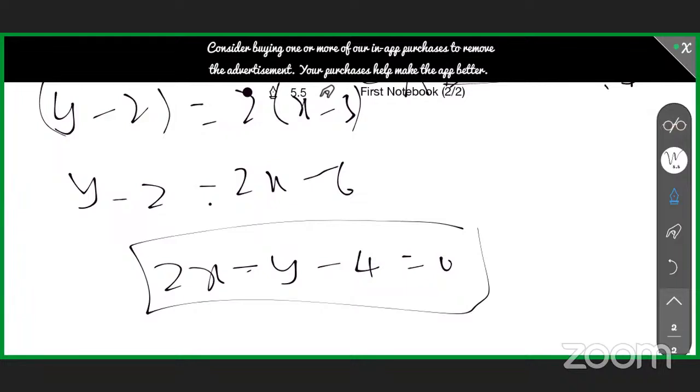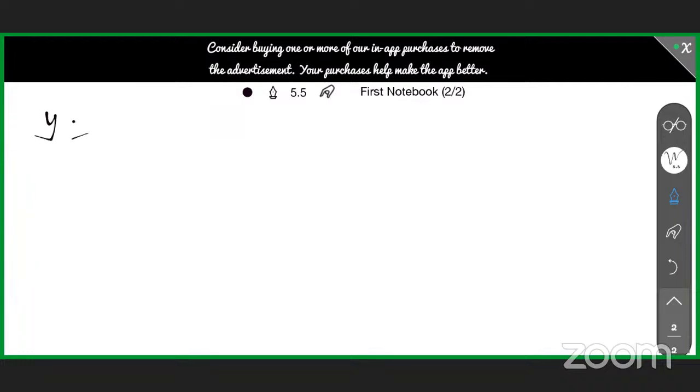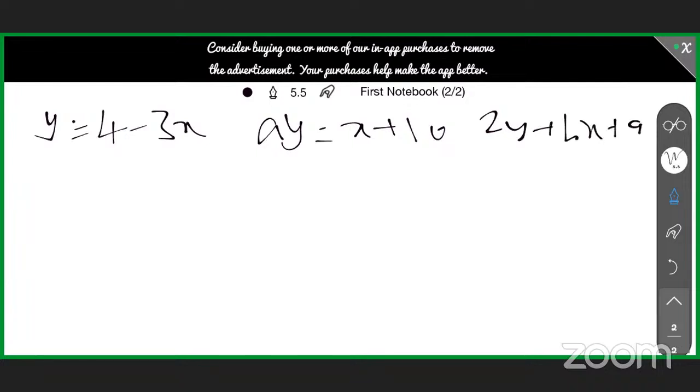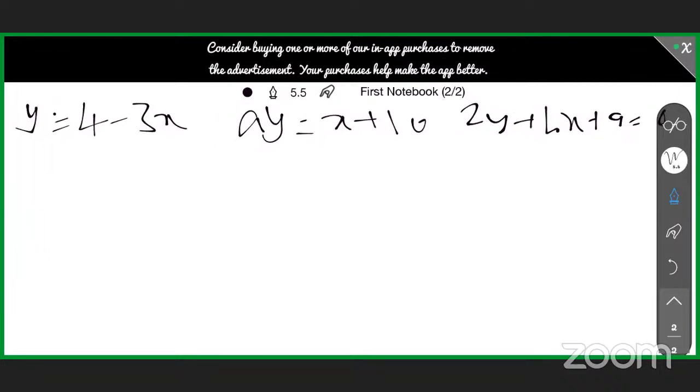Now, the next question is: the straight lines y is equal to 4 minus 3x, ay is equal to x plus 10, and 2y plus bx plus 9 is equal to 0 are three consecutive sides of a rectangle.